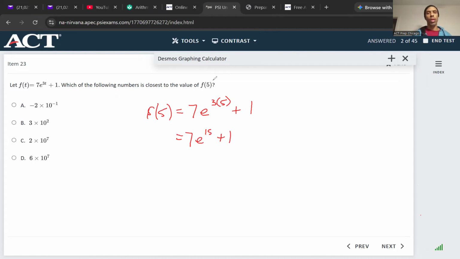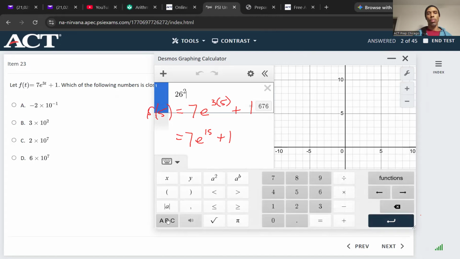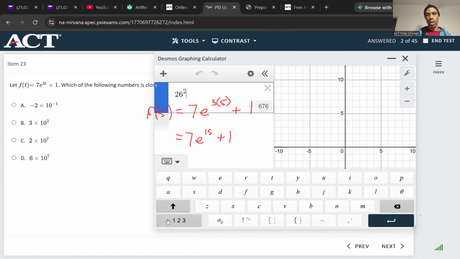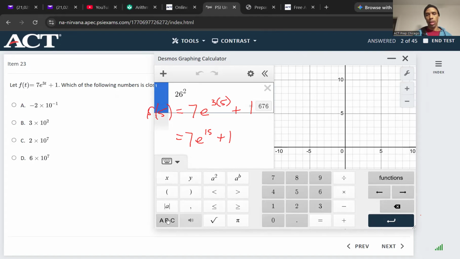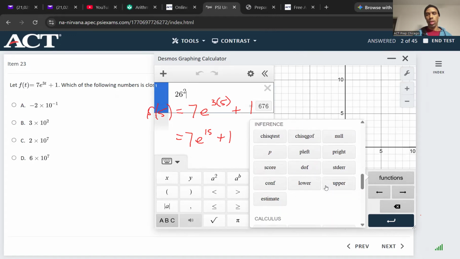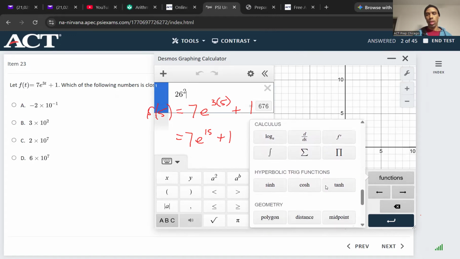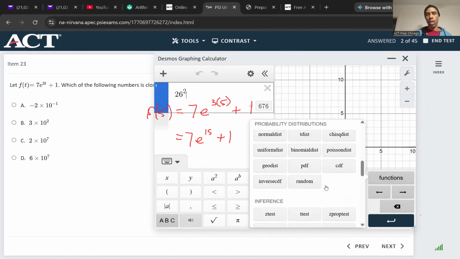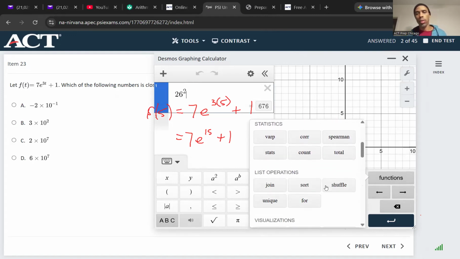Let's see if we can put this in decimals. I think we can, maybe. All right, let's get our calculator up. I'm not even seeing e unless we just use that e. Oh, there it is, probably under functions.